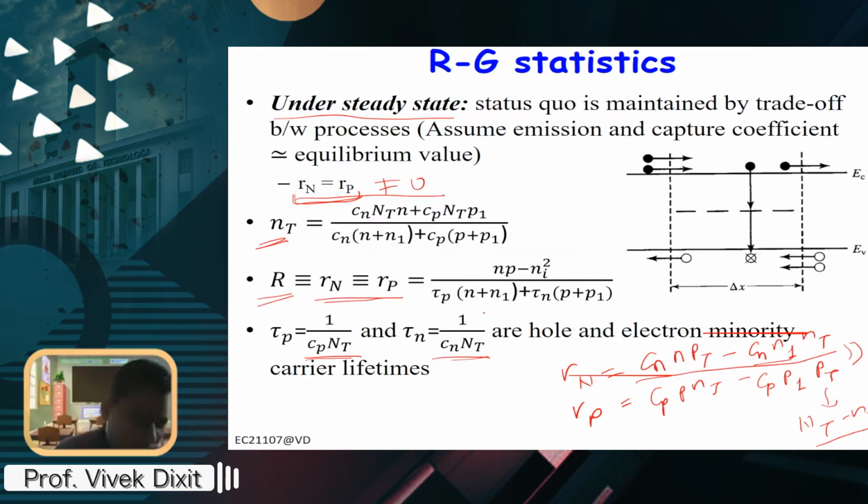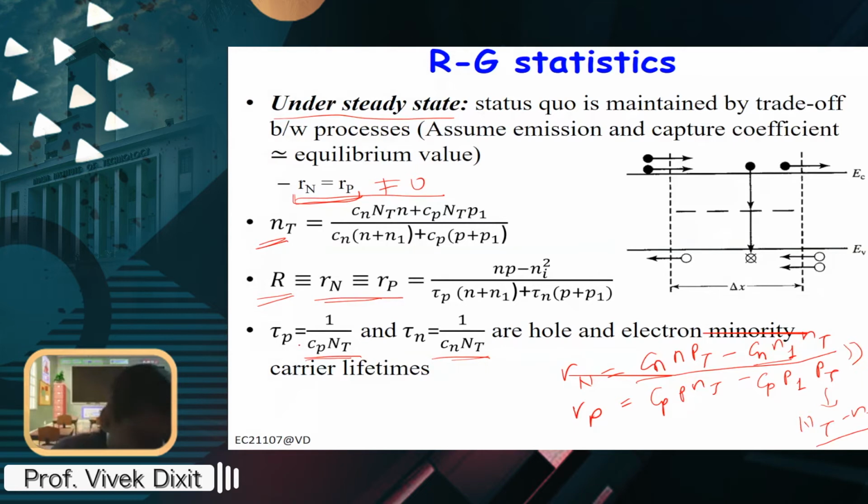Now you would of course be interested to know what the typical values of these parameters that we have discussed are. Now we don't usually intentionally put traps unless there is a requirement, right? Let's say you want to make a material whose carrier lifetime is very less, then of course you will put the traps there. You will dope it with impurities which create an energy level in the middle of the band gap.